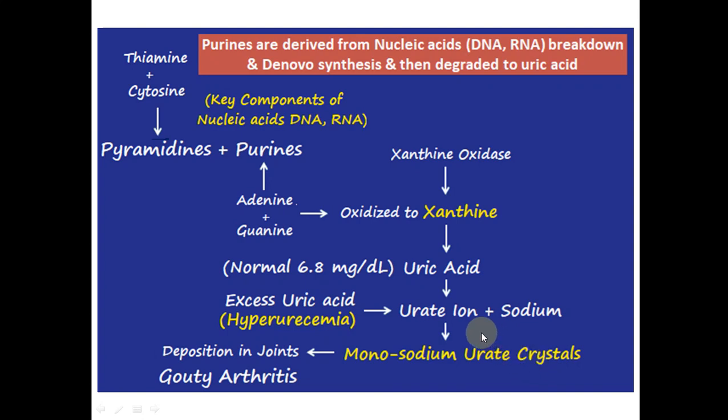Now, this condition in which the uric acid level is above the defined range is known as hyperuricemia. So, gout is the result of hyperuricemia. The monosodium urate crystals that are formed may get deposited in the joints, leading to gouty arthritis.